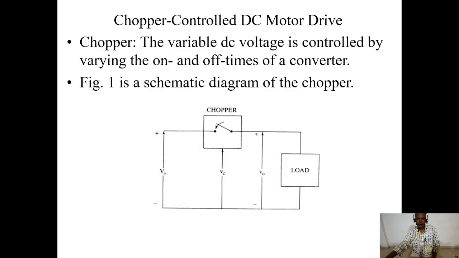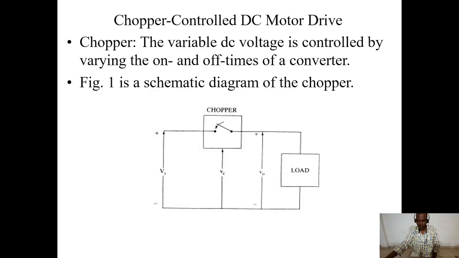For the source voltage, we have different types. Let's take a DC source, say a battery, or sometimes the source voltage may be a rectified AC supply.